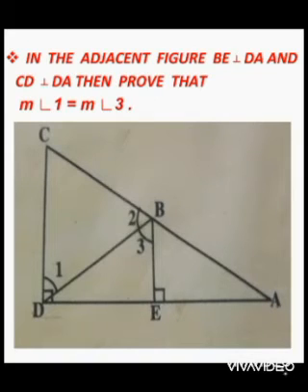Next, line CD is perpendicular to the same line DA. And we have to prove that measure of angle 1 is equal to measure of angle 3. To prove this, we have to prove that CD and BE are parallel. If you prove that CD and BE are parallel and if you consider BD as a transversal, then you can show that measure of angle 1 is equal to measure of angle 3.